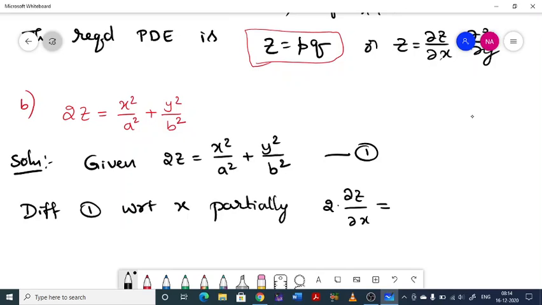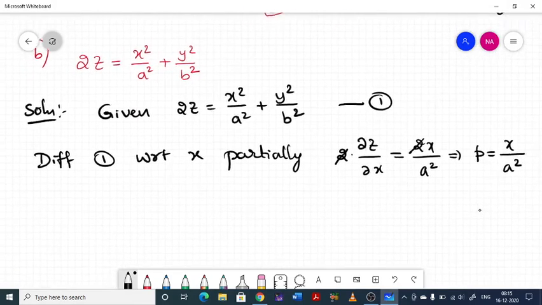On differentiation this will be 0. Now come to this, 1 by a square will be constant, you have to write it as it is, derivative of x square is 2x, so 2x divided by a square. So 2 gets cancelled. So that implies p equal to x by a square.